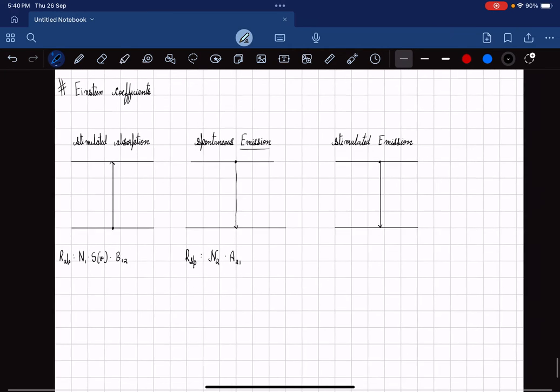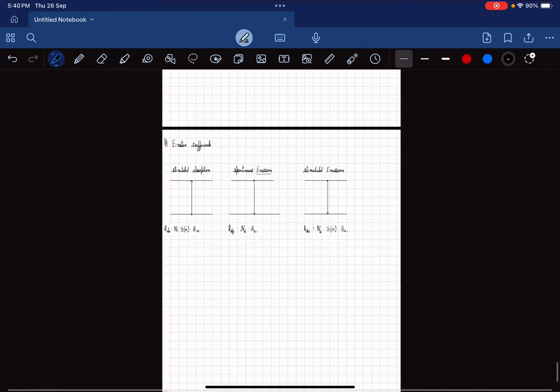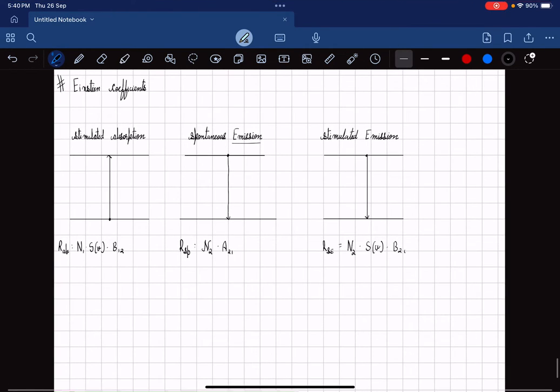Now the rate of stimulated emission looks something like this. Note this down if you have to, or if you noted it while I was writing, that's great.